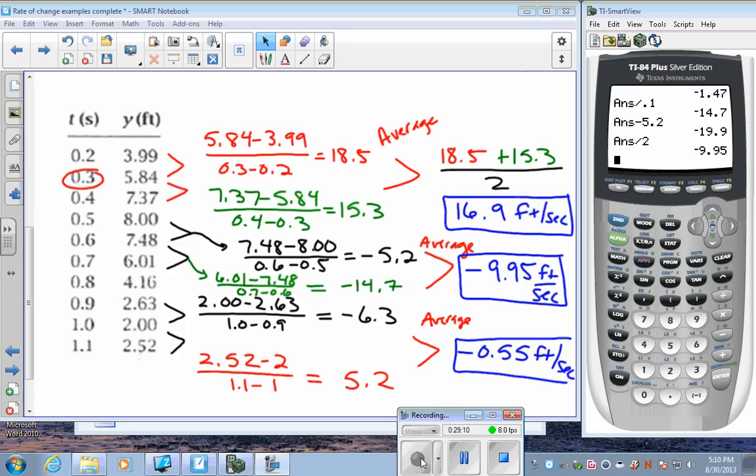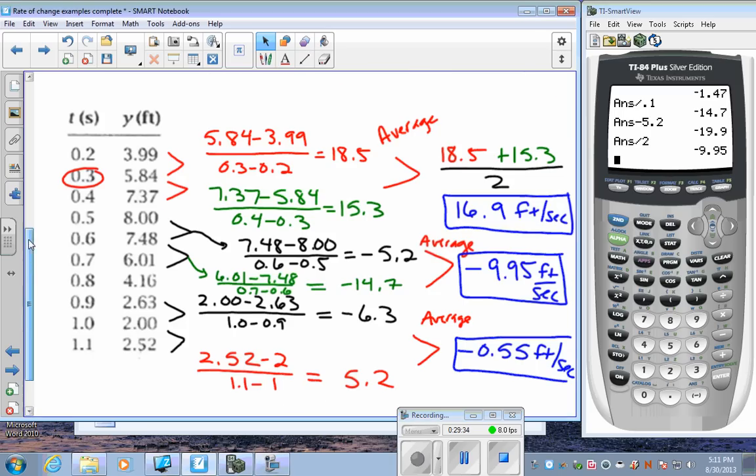So at time 0.6, the average rate is negative 9.95 feet per second, and at time 1, the average rate is negative 0.55 feet per second. If you did not get those correct, pause the video here and see if you can figure out your mistake. If you are correct, then go ahead and continue on with the video.